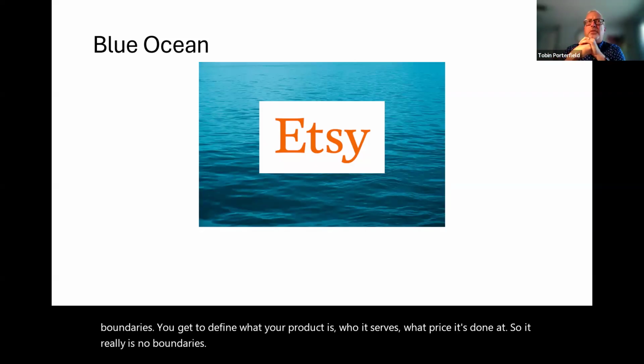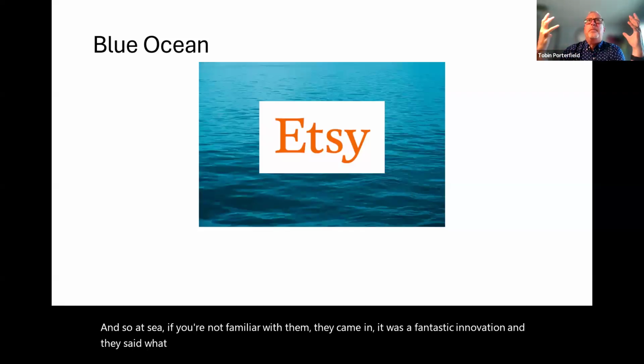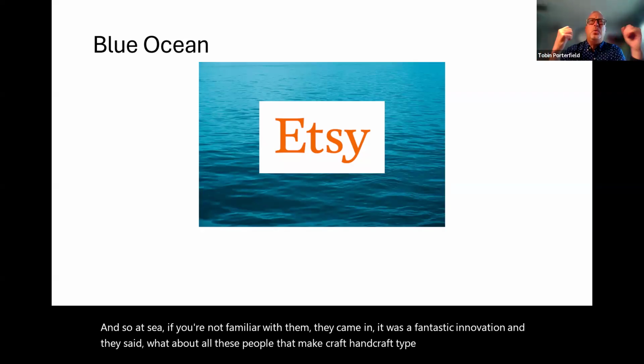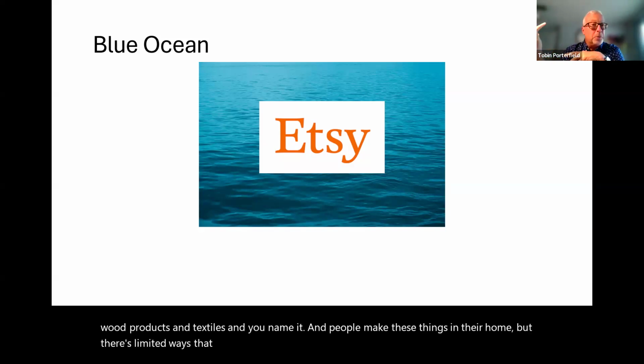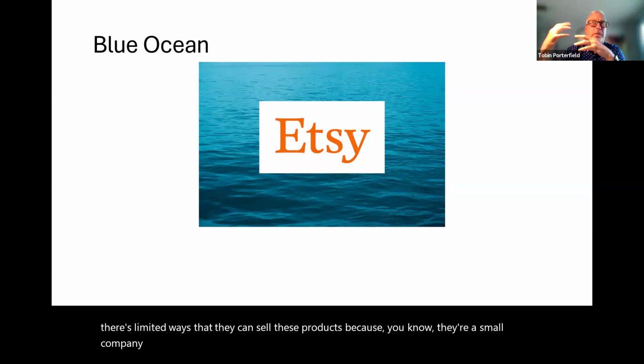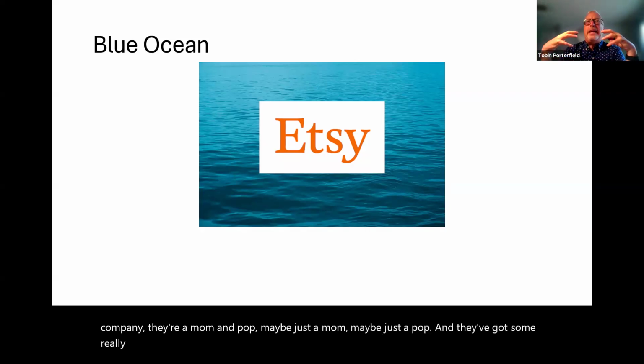And so Etsy, if you're not familiar with them, came in, and it was a fantastic innovation. They said, what about all these people that make handcraft type products, high quality wood products and textiles and you name it. People make these things in their home, but there's limited ways that they can sell these products because they're a small company, a mom and pop, maybe just a mom, maybe just a pop, and they've got some really cool products, but they can't get them out to the market very efficiently.